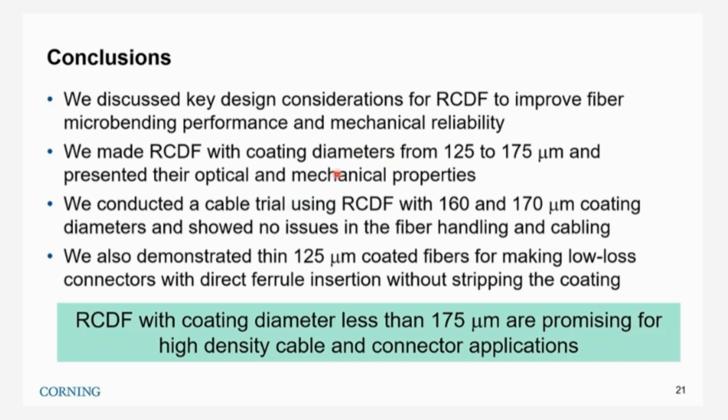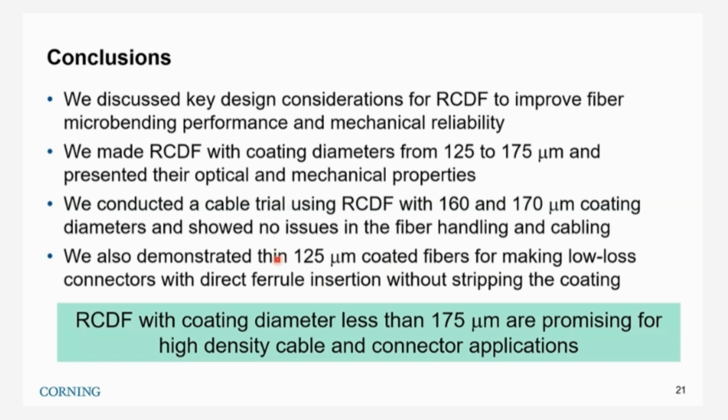We made the RCDF fibers with very good optical and mechanical performance. Our cable trial shows that the RCDF could be cabled with no issues. And finally, we showed that 125 micron coated fiber can be used for making connectors without stripping the coating.